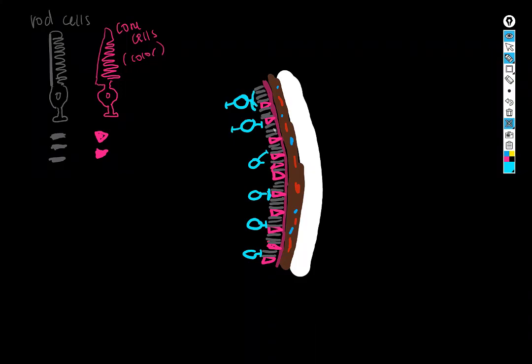And their dendrites have lots of processes. So they have a single dendrite with lots of extensions. And they're receiving input from multiple rod or cone cells.